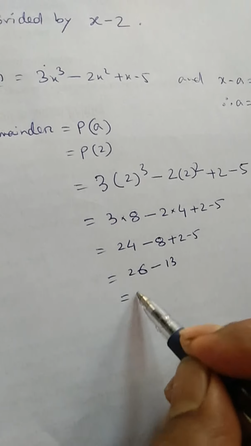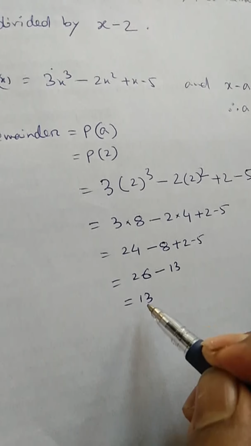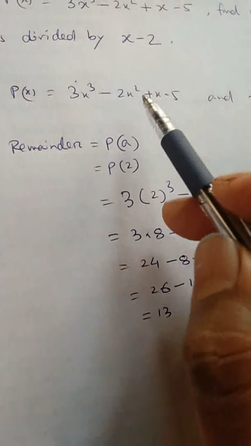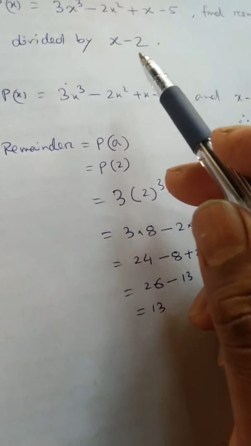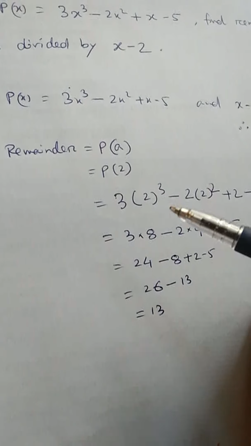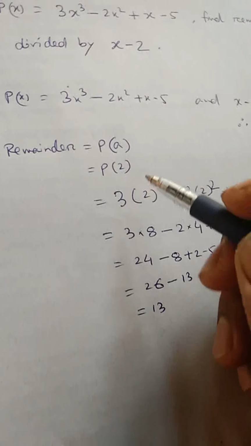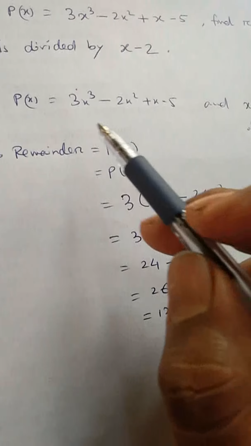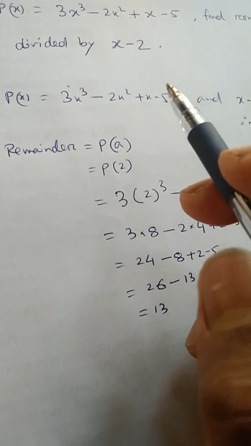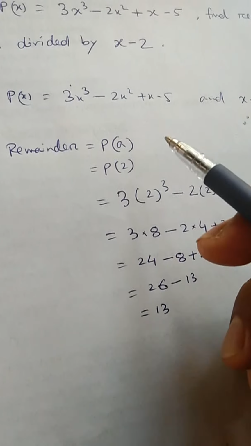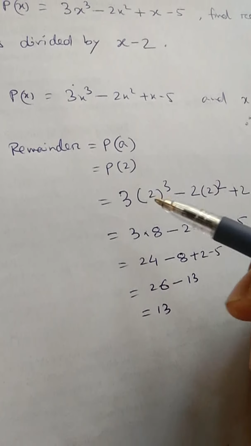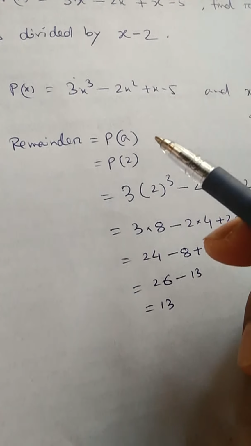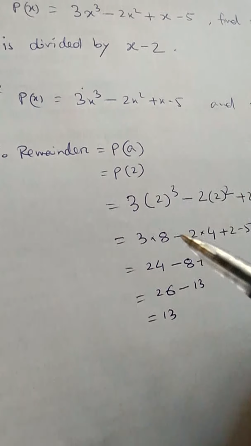So 13 will be the remainder. If we divide this polynomial by x minus 2, we can verify this also. Now for verification, one example already we have taken for division. Let us take that only to verify whether the theorem is matching or not.